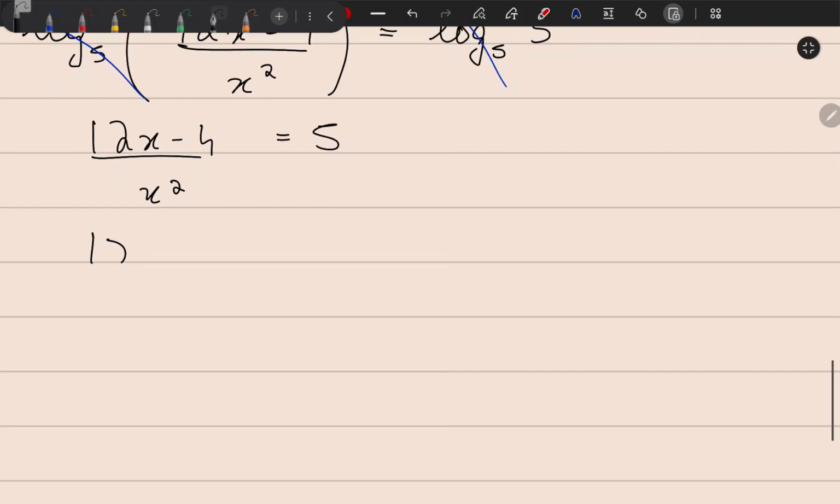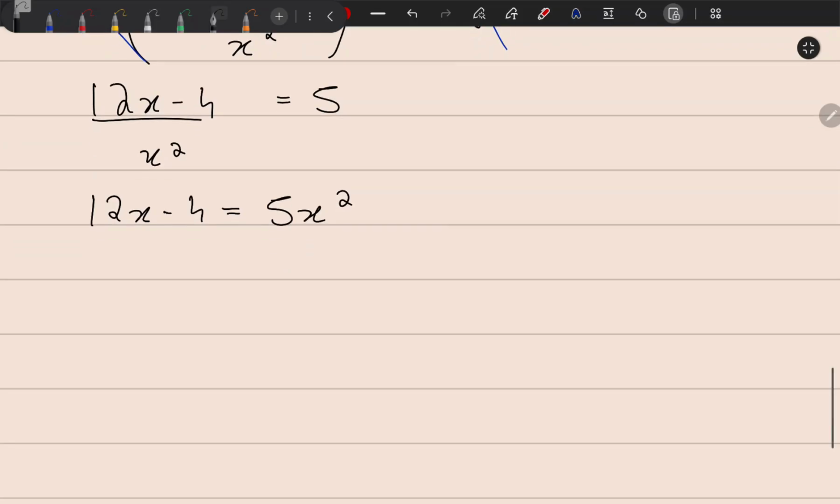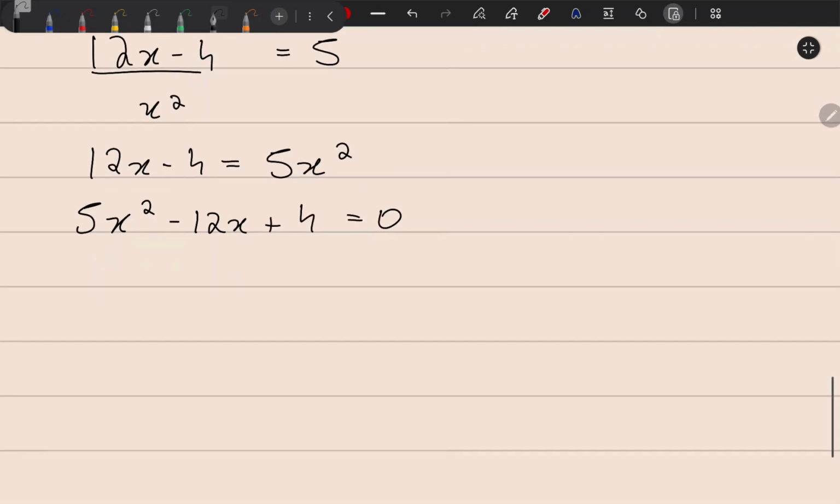Let's expand this out. We have 12x minus 4 is equal to 5x squared. Let's get everything on one side. So we have 5x squared minus 12x plus 4 is equal to 0. Now it's just a case of middle term breaking. So we have 5x squared, factorize this.